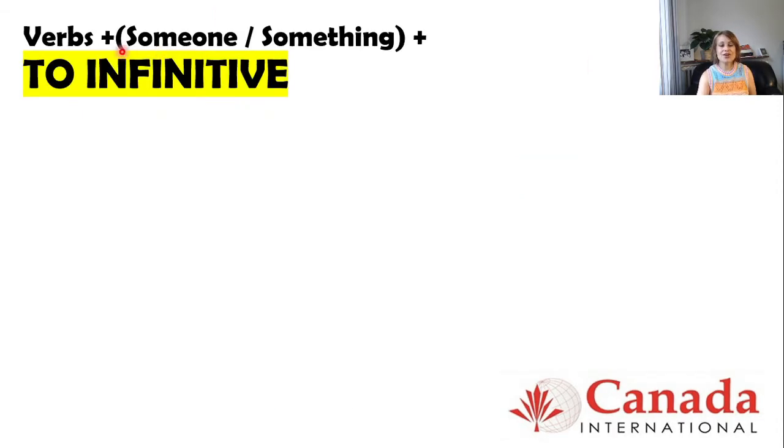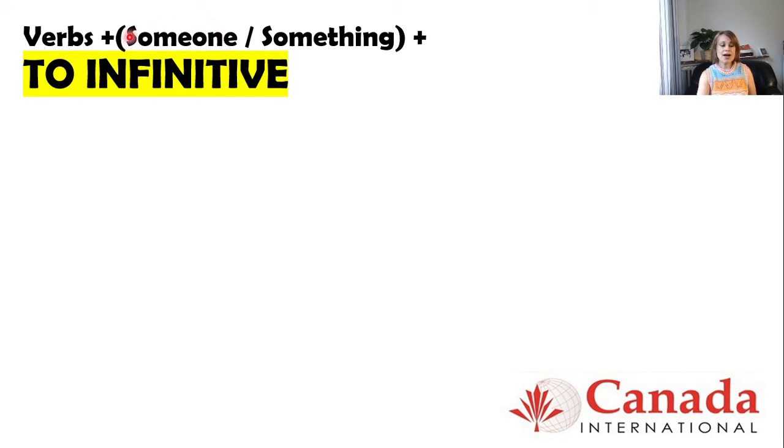Let's continue. Now this is another list. Verbs plus someone or something plus to infinitive. In this case, these verbs can require an indirect object or a direct object and a to infinitive.